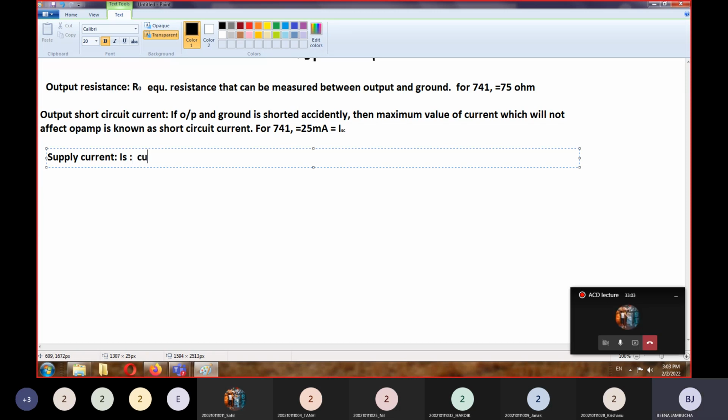It is the current drawn by the op amp from the power supply. I'm talking about the power supply, not the input. And for 741, this value is near about 2.8 milliampere.